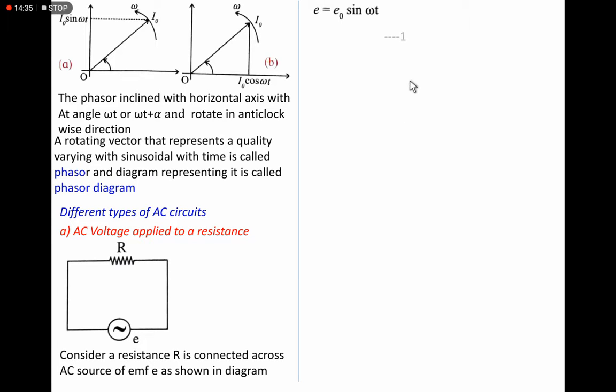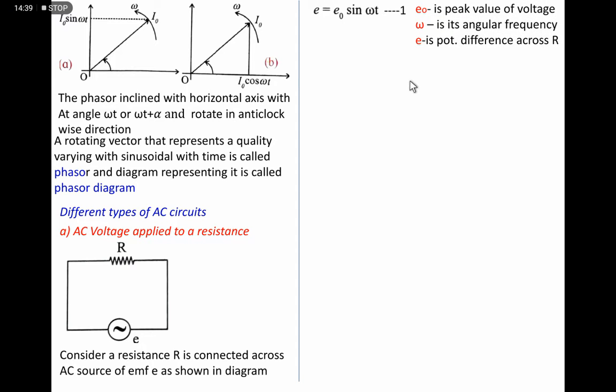So here in equation 1, E naught is the peak value of the sinusoidal EMF or voltage, omega is the angular frequency of the coil, and E is the potential difference across the resistance.